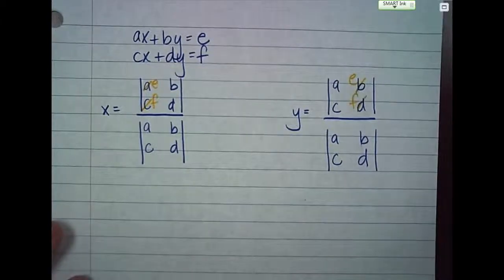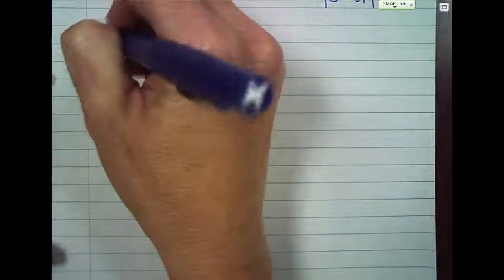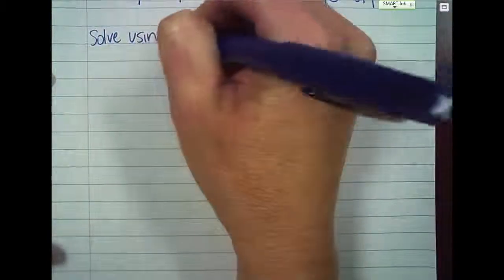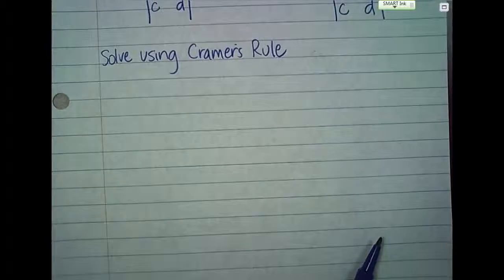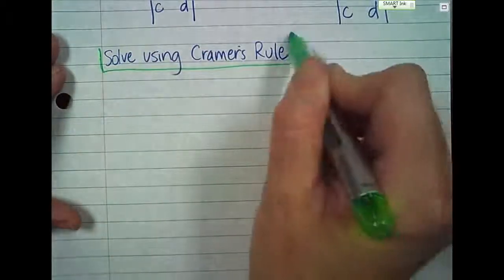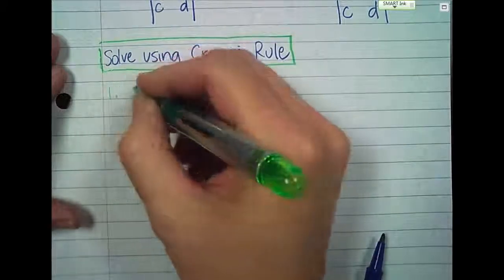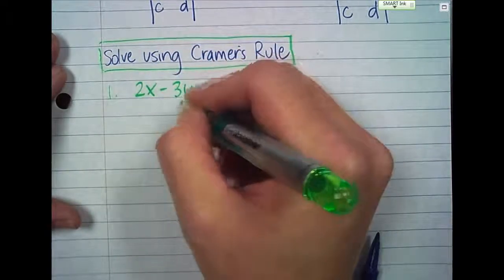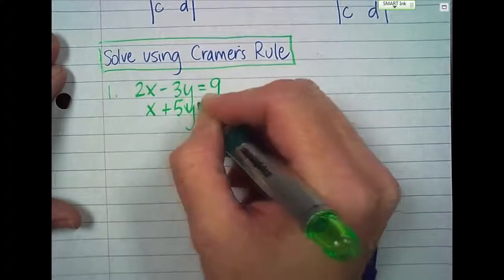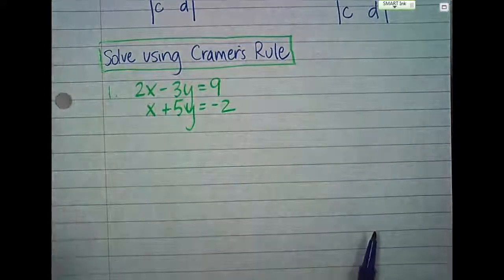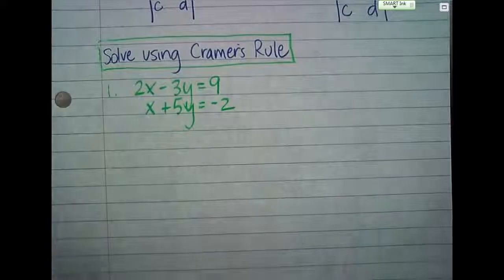Okay, so here's an actual problem. Solve using Cramer's rule. We have to solve for x and y.